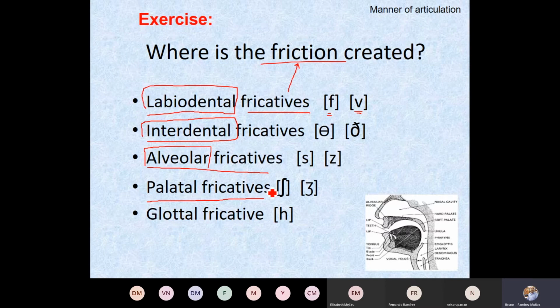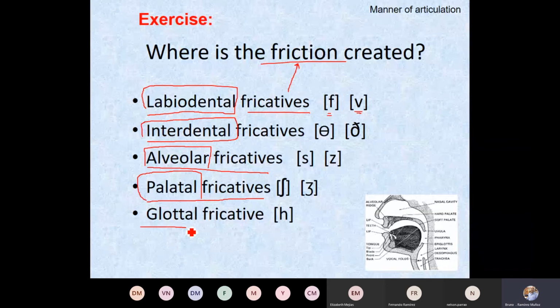So it's past the alveolar ridge. Mainly the palate. We can call it palate. And you get the answer from this one. Where's the friction created when you produce h as in high? In the glottis. So you get that answer from here.